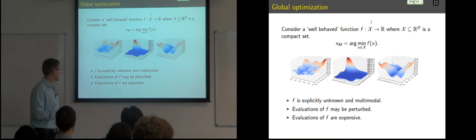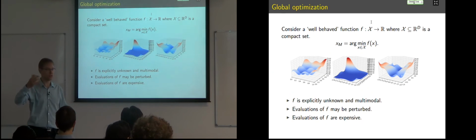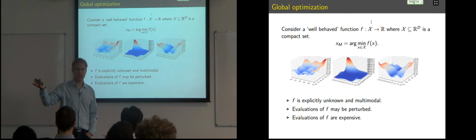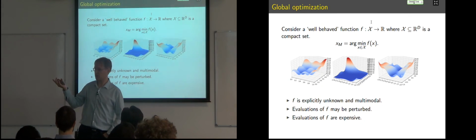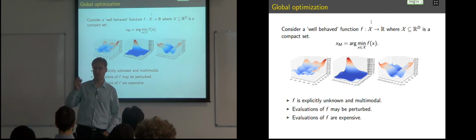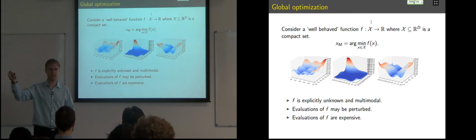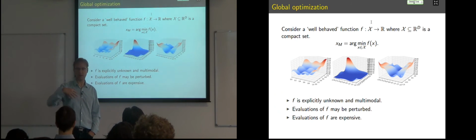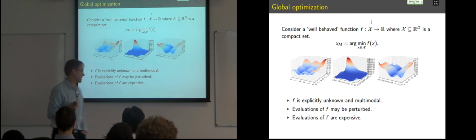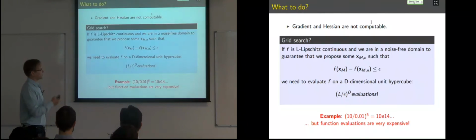You can think about the type of functions that we are talking about as functions that correspond to the evaluation of some computer model, and the evaluations are expensive because it takes a lot of time to get the output of the function, or because the function is embodied in some physical process and you need to run a lab experiment to get an output of it. So these evaluations are expensive, and the function is multimodal, and the evaluations can be perturbed.